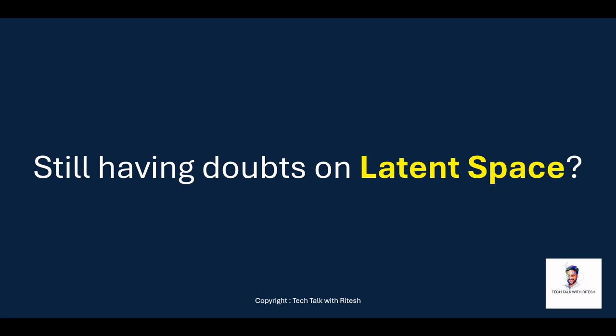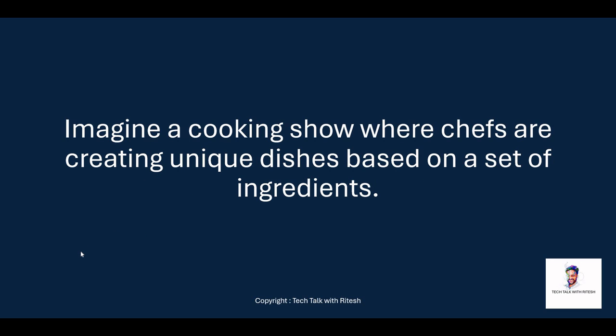Let's see this latent space with a fun example. Imagine a cooking show where chefs are creating unique dishes based on a set of ingredients. So this is the whole set: we have a cooking show, chefs are creating unique dishes, and they have ingredients.